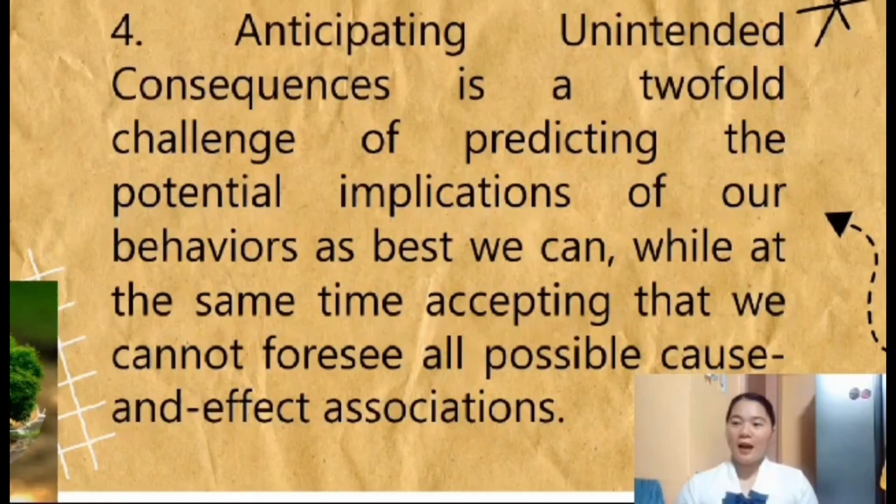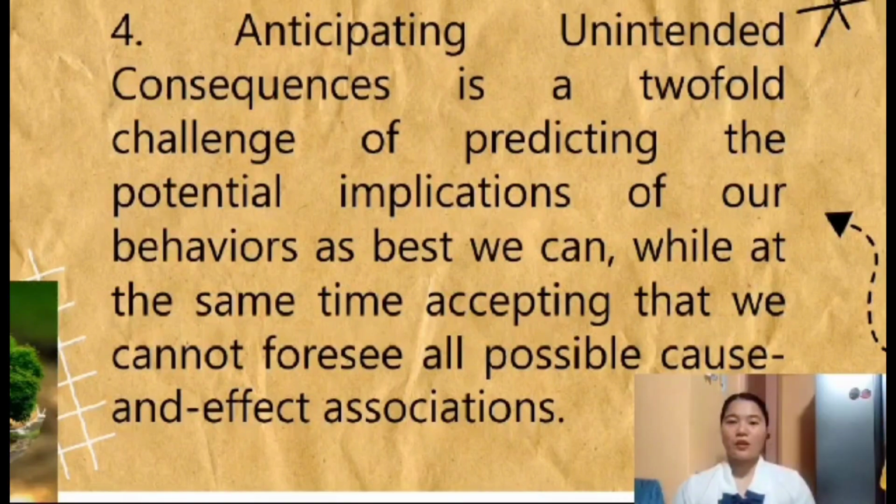So next, for the fourth, anticipating unintended consequences is a twofold challenge of predicting the potential implications of our behaviors as best we can, while at the same time accepting that we cannot foresee all possible cause and effect associations.